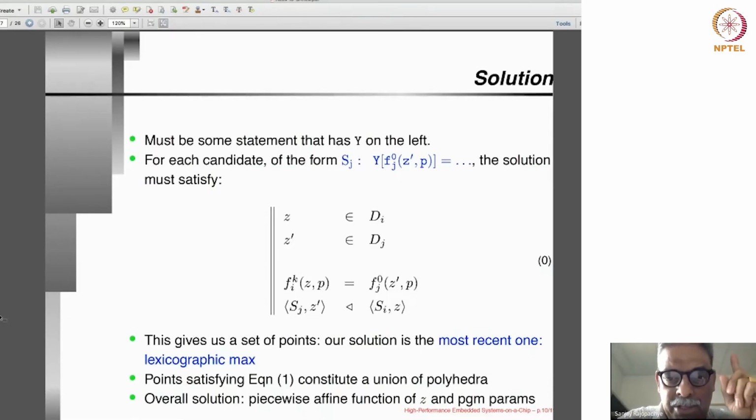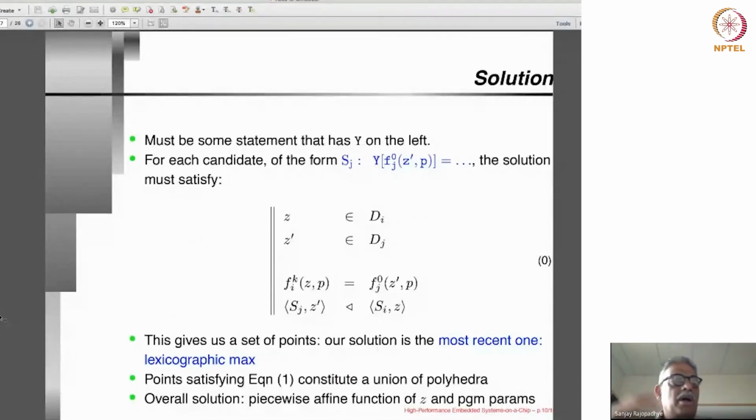Now remember this, I am treating Z as a parameter. As Z changes, my set changes. Okay? So I want to ask the question about which points Z prime in Dj as a function of the particular point Z in Di.